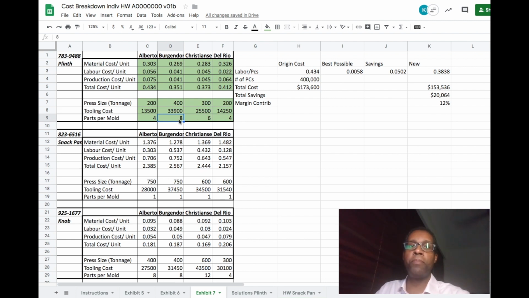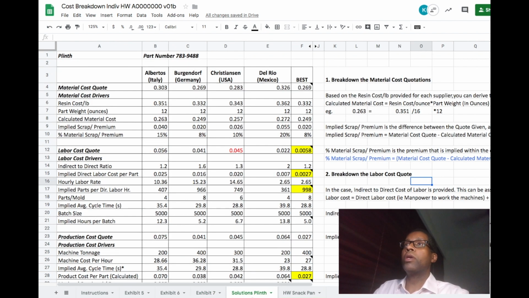Okay, let's take a look at the Plinth mold. So here we go to the Plinth mold quotation, and what we would expect to do is break down each one of these costs and really calculate out what did they actually provide us, and was there a premium to the price that they gave. You see, we had gone and done some analysis on the company. We got that initial set in Exhibit 5.